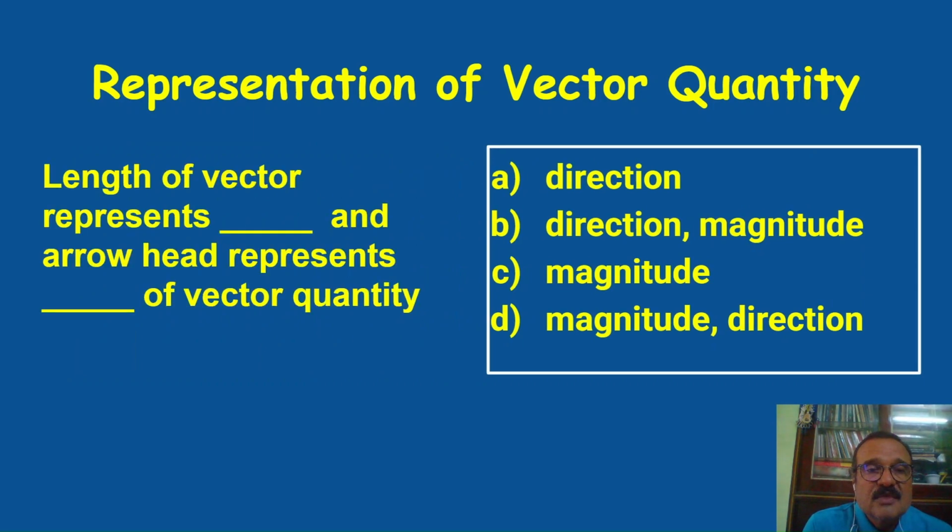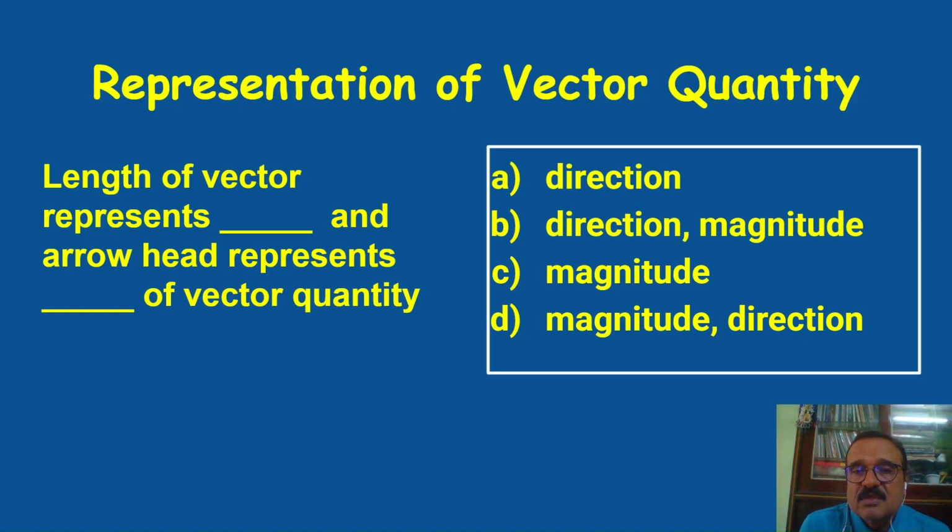Then a simple multiple choice question is: length of vector represents blank and arrowhead represents blank, you have to fill in the blanks here, of vector quantity.